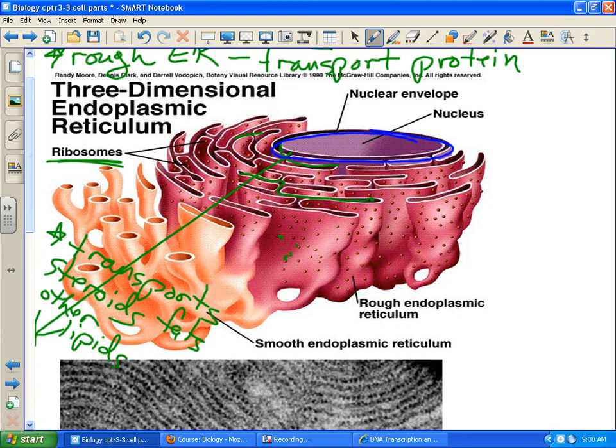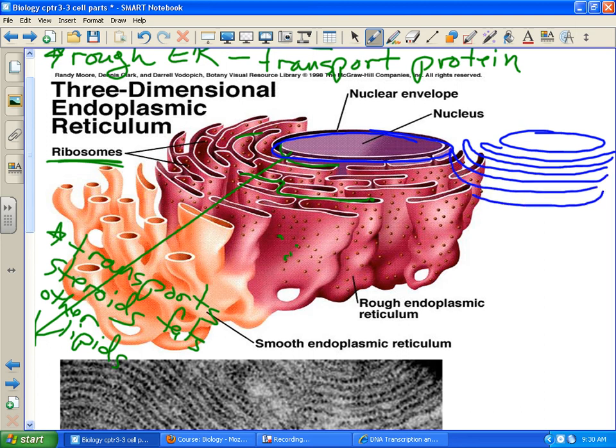Or what somebody yesterday did, after drawing the nucleus, they just did this back and forth, a series of channels, and then interconnected some of them to make it look more maze-like. If you want to get fancier than that, go for it. Ta-da. Okay, rough.